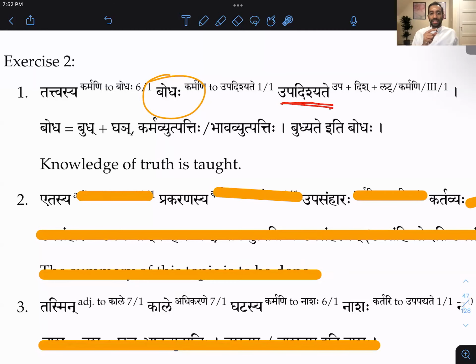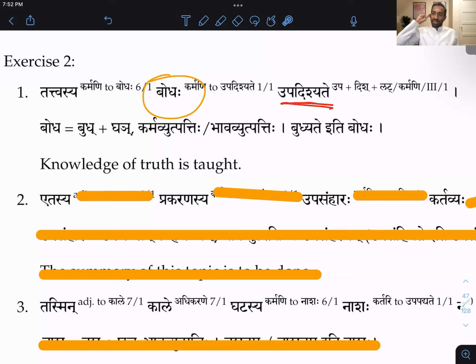But here, interestingly, even though it's bhava vyutpatti or karma vyutpatti, the destruction is making me sad. It is a karta of making or makes. So isn't that interesting how the word, the vyutpatti of the word, how we make the word, is not kartari, it's not the destroyer makes me sad. It's destruction makes me sad. So the word itself is bhava vyutpatti or karma vyutpatti, but that word can then be used as a karta.